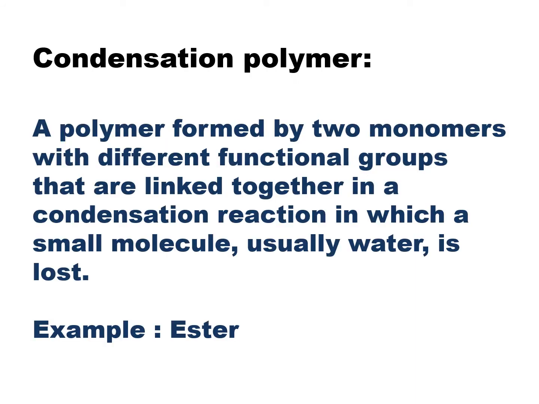You also need to know what is a condensation polymer. It is a polymer formed by two monomers with different functional groups that are linked together in a condensation reaction in which a small molecule, usually water, is lost. An ester is a good example of this.